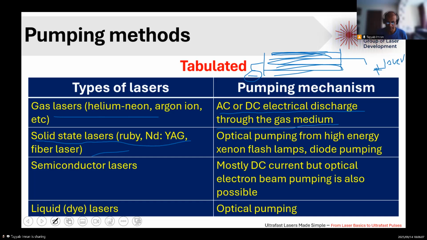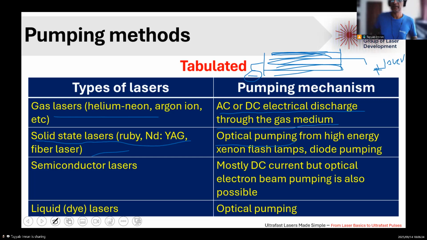They are pumped by an optical pumping source, which can be a flash lamp, or another laser, maybe a semiconductor laser or any other kind of laser.